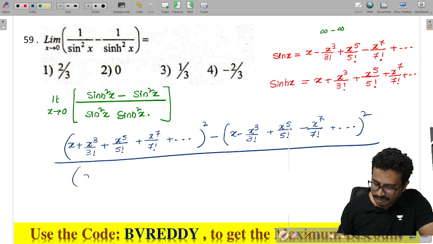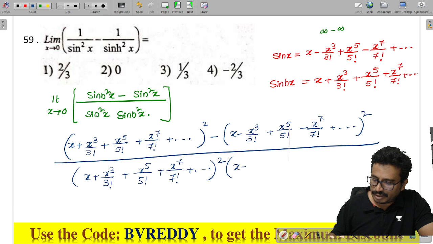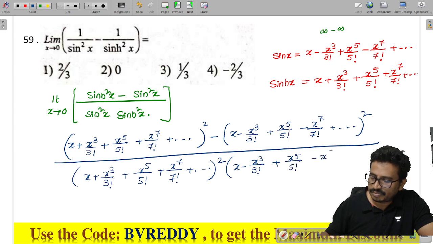So what we have is x plus x cube by 3 factorial plus x power 5 by 5 factorial plus x power 7 by 7 factorial, like this in whole square, into x minus x cube by 3 factorial, x power 5 by 5 factorial, x power 7 by 7 factorial. Like this will continue.